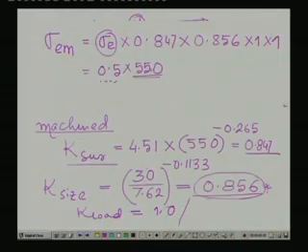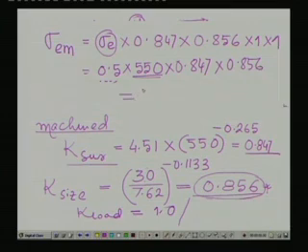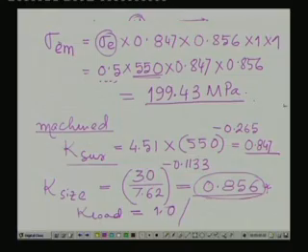Okay, it is not 500, as I showed in the last calculation, it was 0.5 into 550 multiplied by 0.847 multiplied by 0.856 etc. So, this gives you a total value of 199.43 megapascal. So, this is the calculated value of the endurance limit for the machine member.